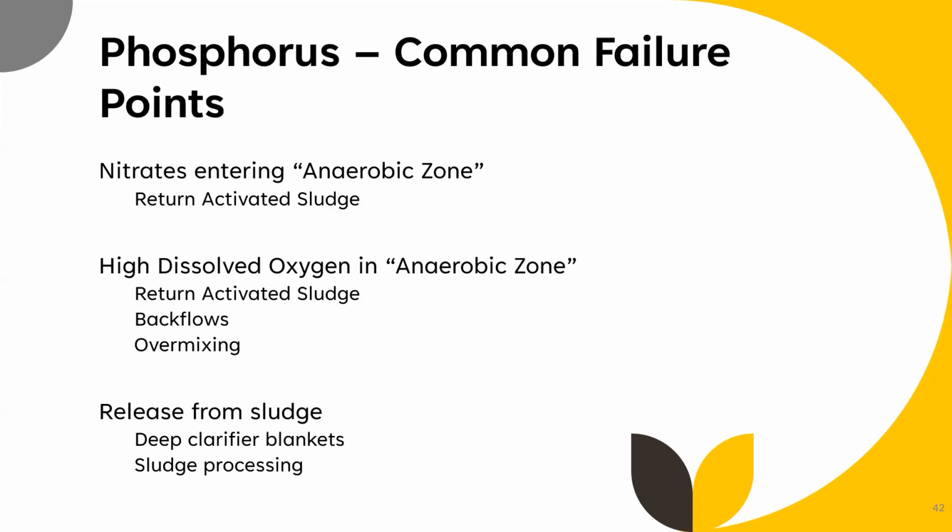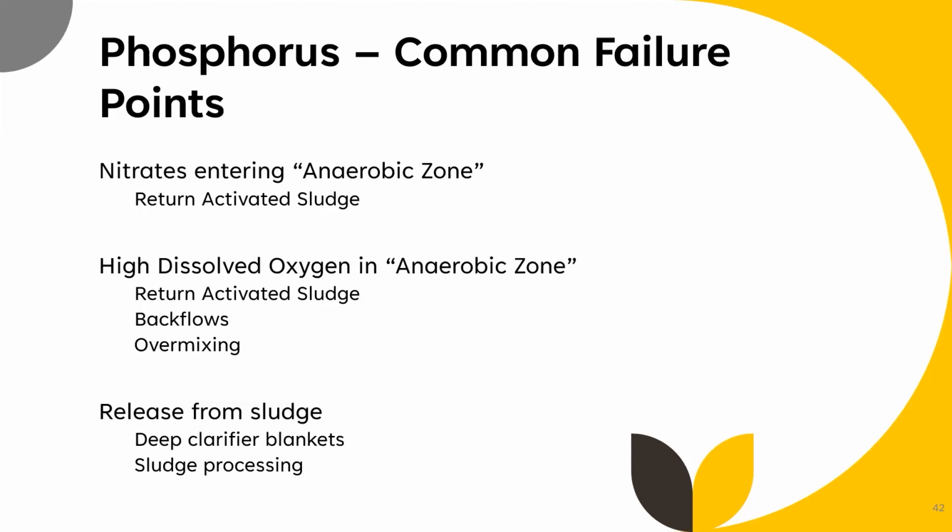If you don't have low nitrates in your facility, you're unlikely to have good phosphorus removal, because the volatile fatty acids, even if you're producing them, will be consumed by denitrifying bacteria. Additionally, high dissolved oxygen in your anaerobic zone, making that anaerobic zone really "anaerobic" in quotes here, so you can get return activated sludge.